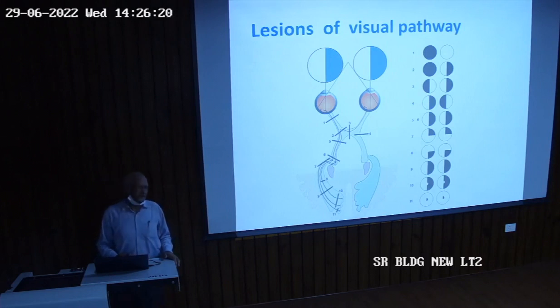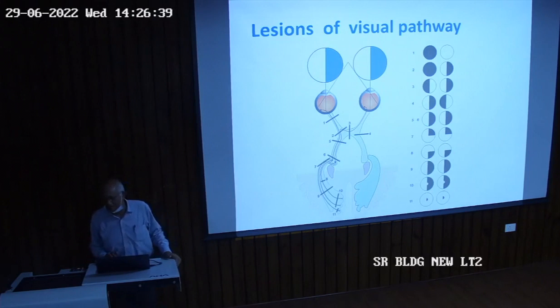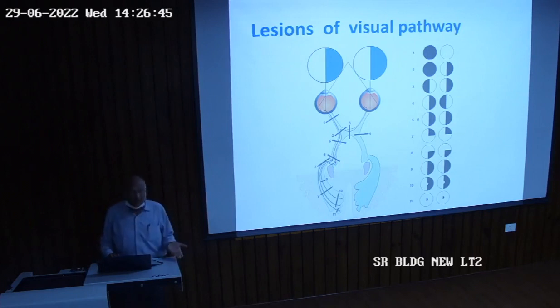The question I can ask in the theory or practical like this. Suppose there is a gunshot injury at the posterior lobe, the occipital cortex. What will be the visual effect? What will be your reply? What visual effect will show? Just now I told you.